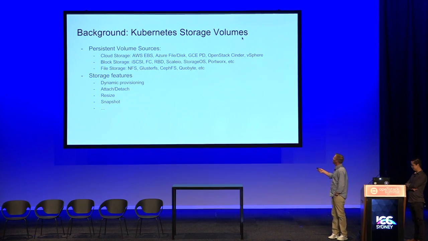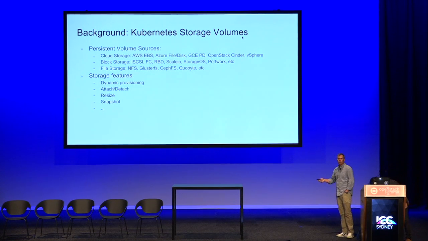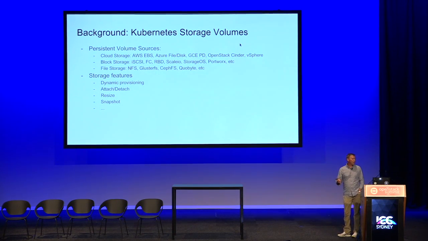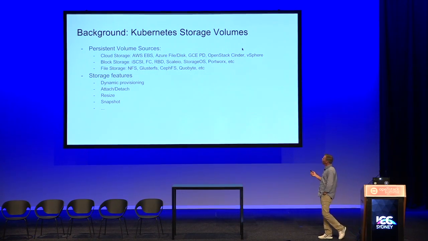So a little bit of background on the Kubernetes side, for those of you that are familiar with it. There's a number of options that are available today in the Kubernetes repos. You can use the cloud providers, AWS EBS, of course, OpenStack and Cinder, vSphere. And then you also have some independent block storage plugins that are built in for iSCSI and Ceph, ScaleIO, things like that.